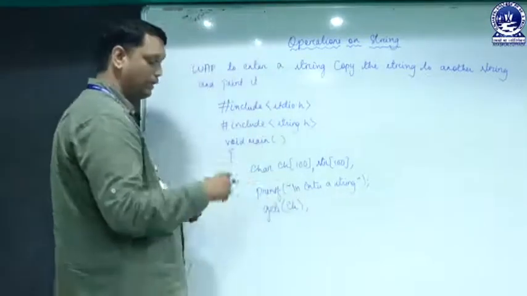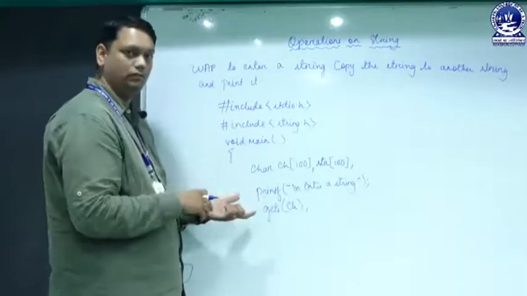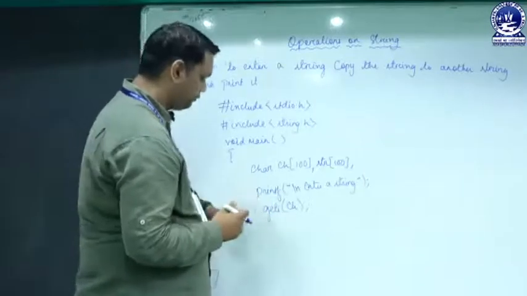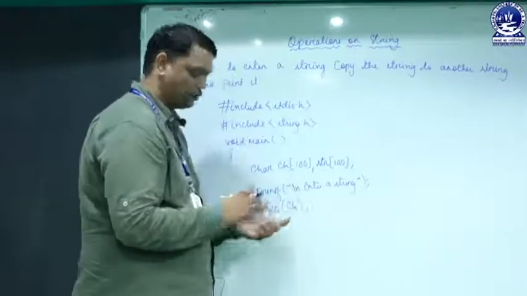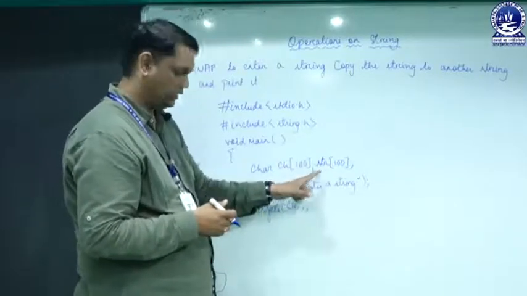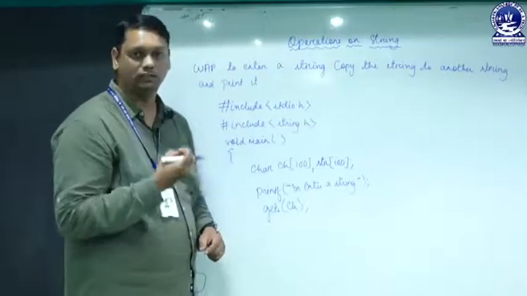Now the user has entered the string using the gets function, or they have given the input to the ch character array. Now the characters inside ch will be copied to the next string, that is str. So we have a function that is strcpy, string copy.